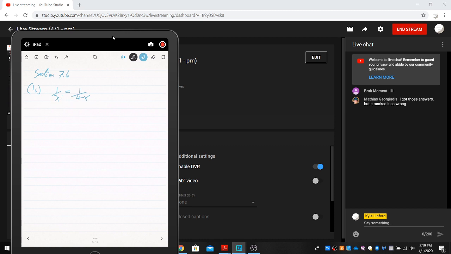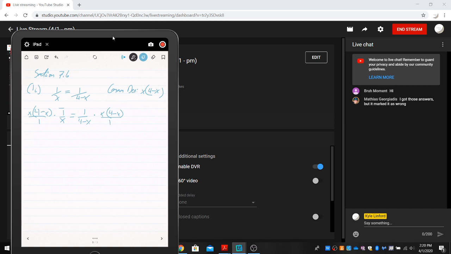Well, hopefully you remember that really our trick was to just link them together. So the common denominator would be x times 4 minus x. That's going to be our common denominator. So I can multiply that to both sides, x times 4 minus x over 1 times 1 over x, and 1 over 4 minus x times 4 minus x.